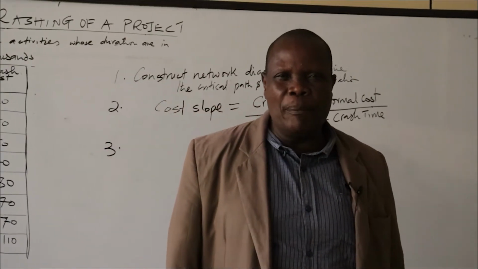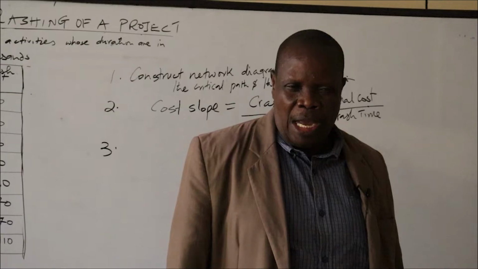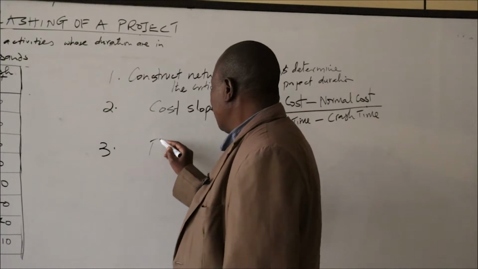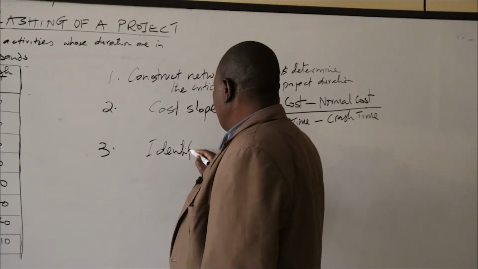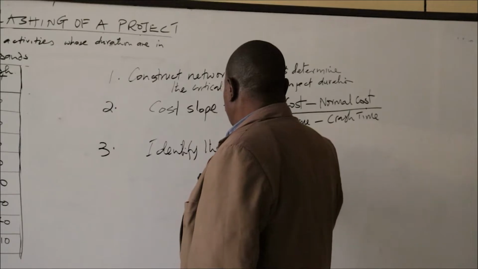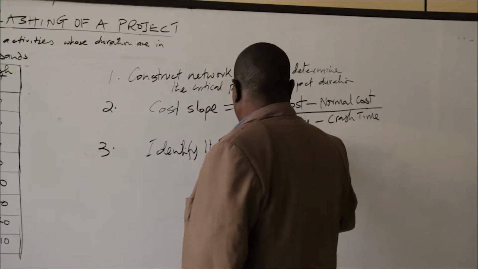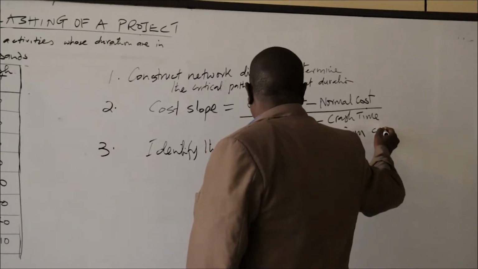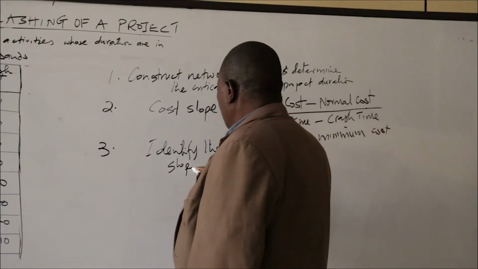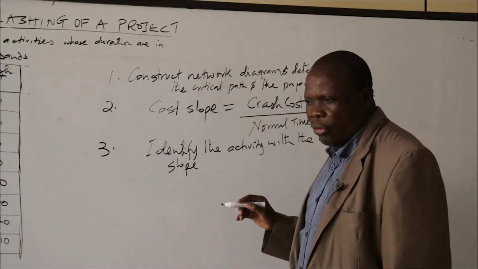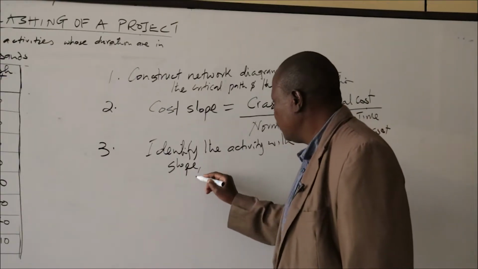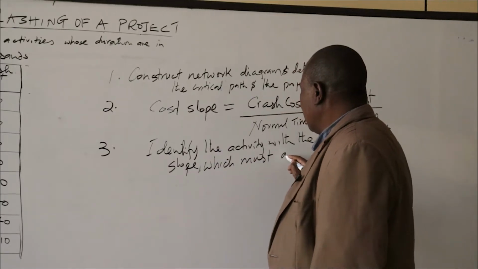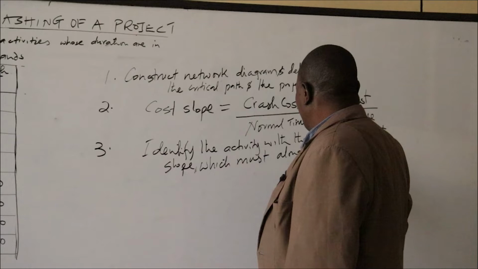Identify the activity with the minimum cost slope, and it must be along the critical path.